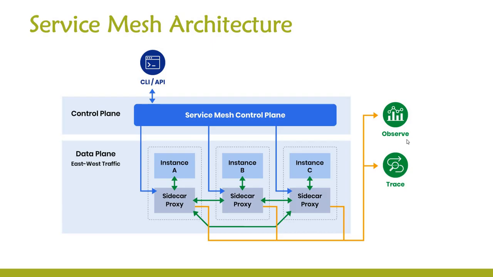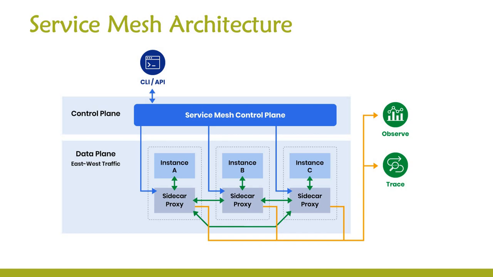The next is observe and trace. Observability, and tracing as well. On the right side we can see boxes labeled observe and trace. This represents the monitoring and tracing functionality provided by the service mesh.